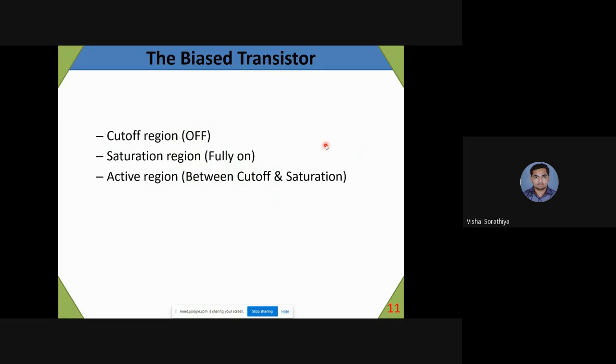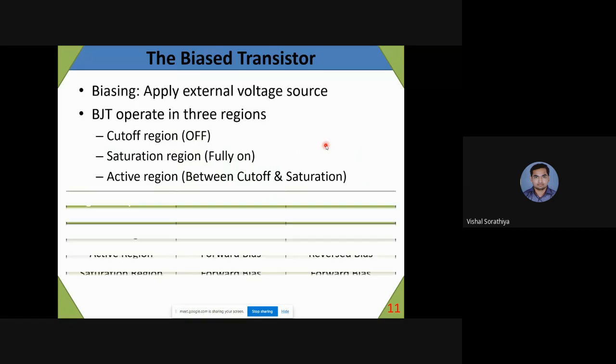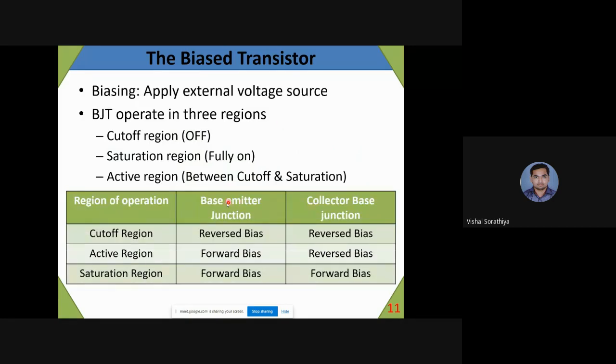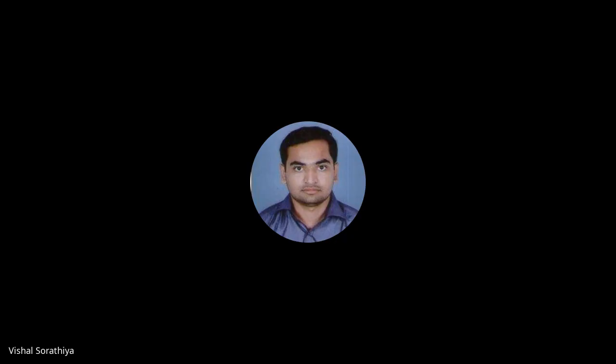Okay, so as a first example we consider base as common. If we apply power supply between the base emitter junction and the collector base junction, then there are three regions available. If you make the base emitter junction reverse biased as well as the collector base junction reverse biased, then you have a cutoff region.